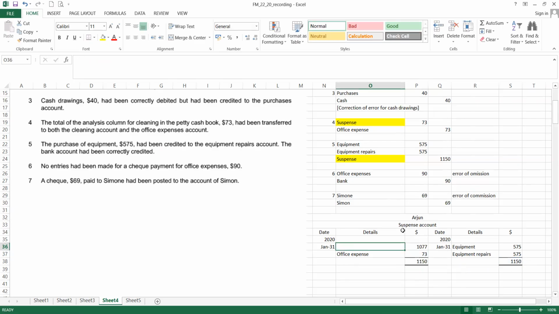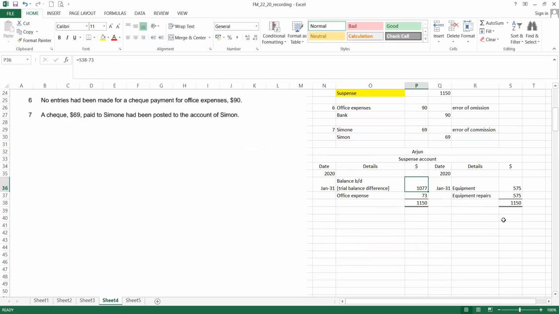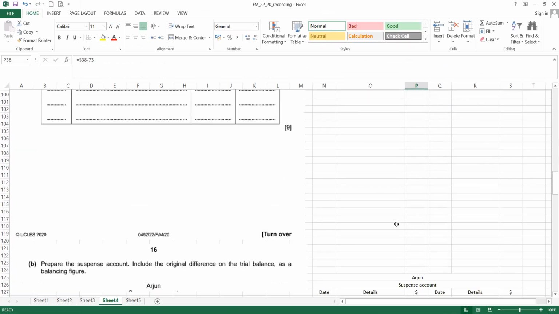So we get this one, balance brought down, or if you don't want to put balance brought down, you can put the trial balance difference also. Okay, so this is the account, and we get the amount 1077. Okay, the next one.